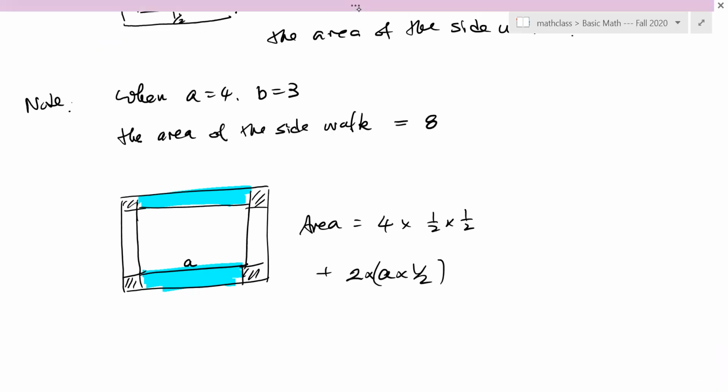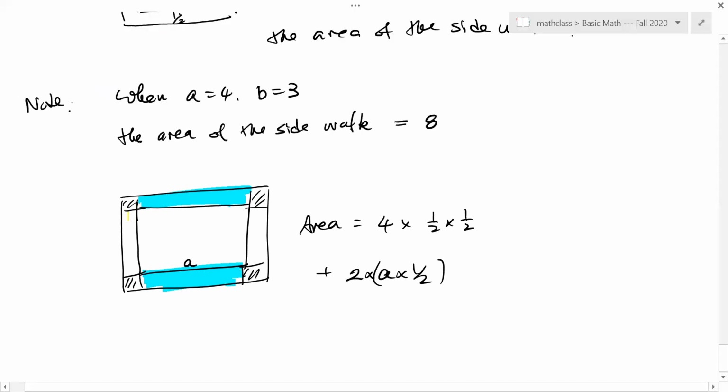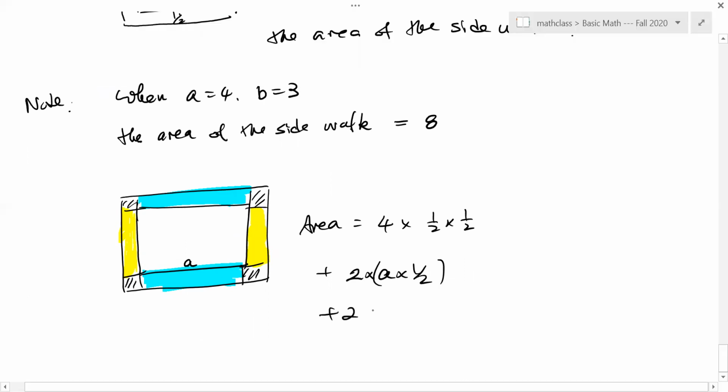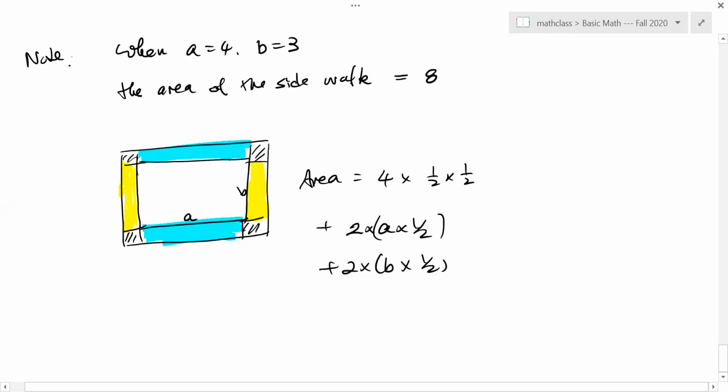Then you look at the area of these two sides, add them together. And then you get twice B times 1/2, right? That's B. So let's simplify it. The first one is 1, the second one is A, the third one is B.